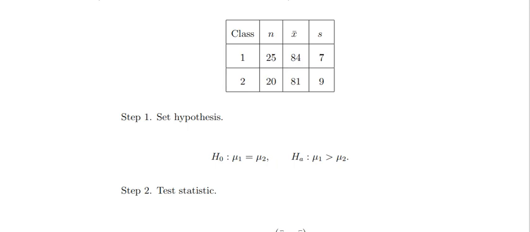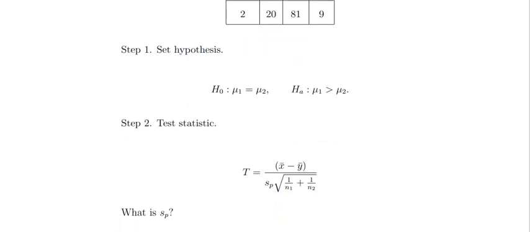Here we have two formulas for test statistics. I just write down the two formulas. The t value, or test statistic, equals x bar minus y bar over the square root of S1 square over N1 plus S2 square over N2.